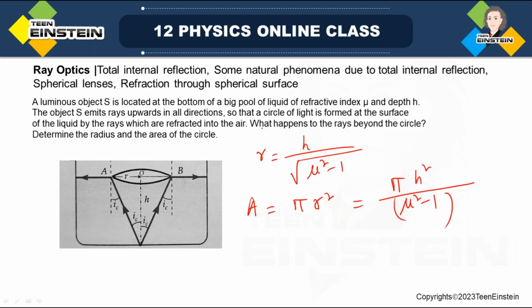So see, there is another point here to answer. What happens to the rays beyond the circle? Any ray beyond this will have angle of incidence greater than IC. If that is happening, then it will be totally internally reflected into the liquid itself.